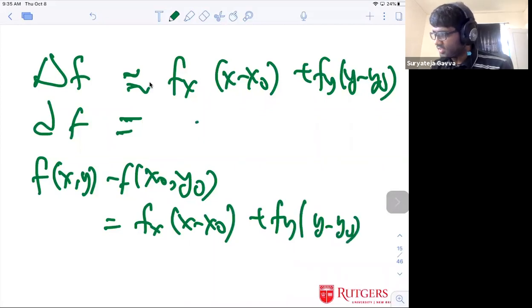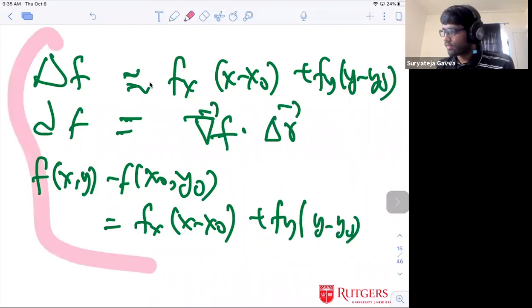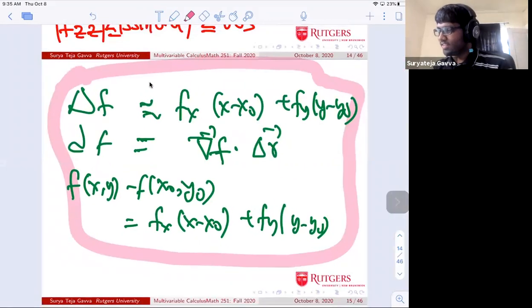Or another way to say it is the gradient times delta r. So these are all the same expression essentially. And if you divide by delta of something and take the limit, you will get the chain rule. So for instance, if we divide by delta t and take the limit as t goes to 0, you get the chain rule.